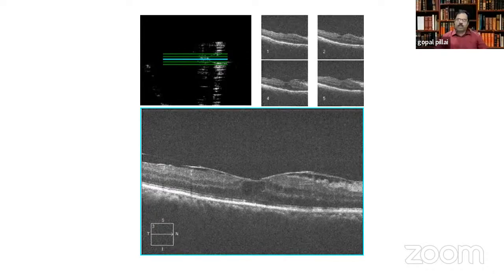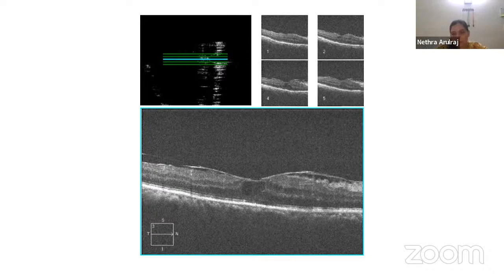Yeah. So Netra, can you just tell us about the etiology of epiretinal membranes? What are the causes? Epiretinal membrane can occur following any PRPs, following any retinal surgeries. It can also occur following retinal vein occlusions or long-standing edema following retinal vein occlusions, retinal artery occlusions, or diabetic macular edemas. Can you classify it nicely?